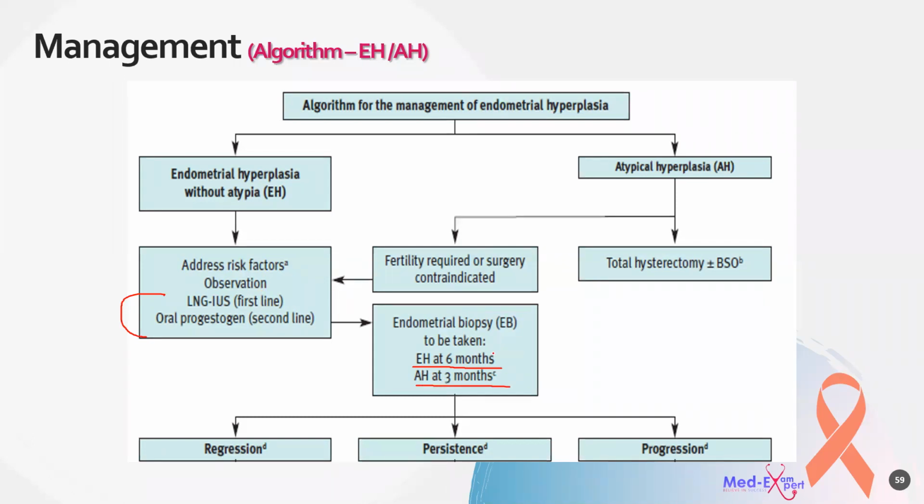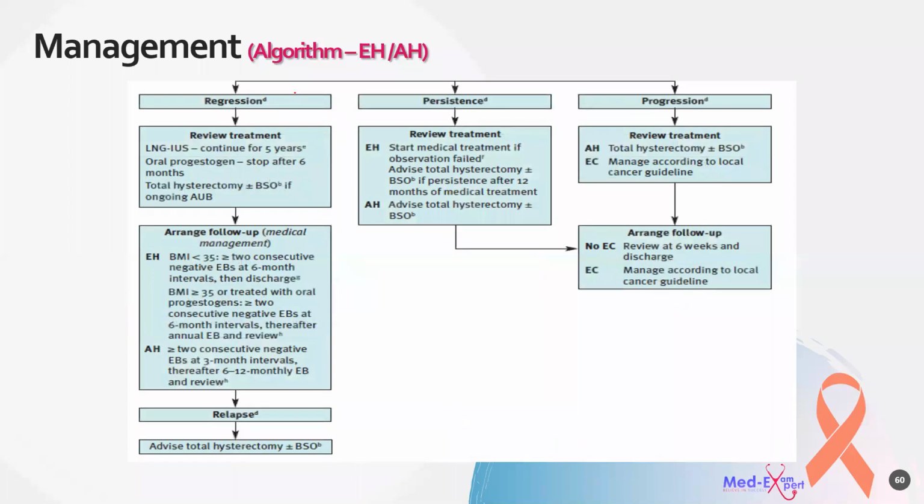At the endometrial biopsy follow-up, we have 3 possibilities: either regression, persistence, or progression. If there is regression, continue the levonorgestrel IUS for up to 5 years, stop oral progestogen after 6 months, and do total abdominal hysterectomy plus or minus bilateral salpingo-oophorectomy if there is ongoing abnormal uterine bleeding.